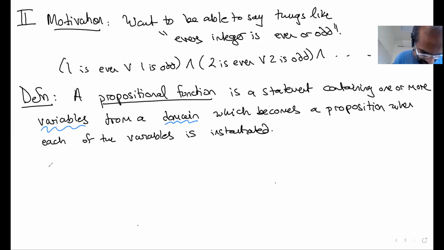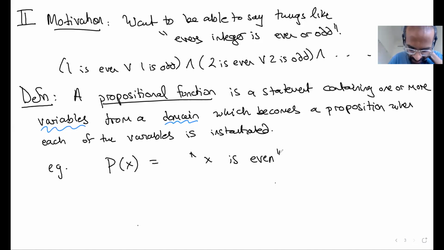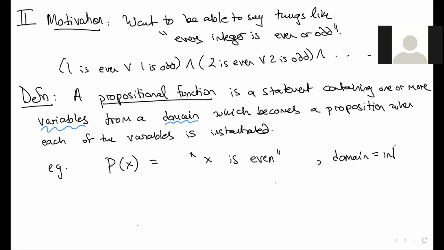Let me just show you some examples. For example, P of x being x is even. This is a propositional function, and the domain here is the integers. Student: What is the last word in the definition? Professor: Instantiated. Okay, thank you.